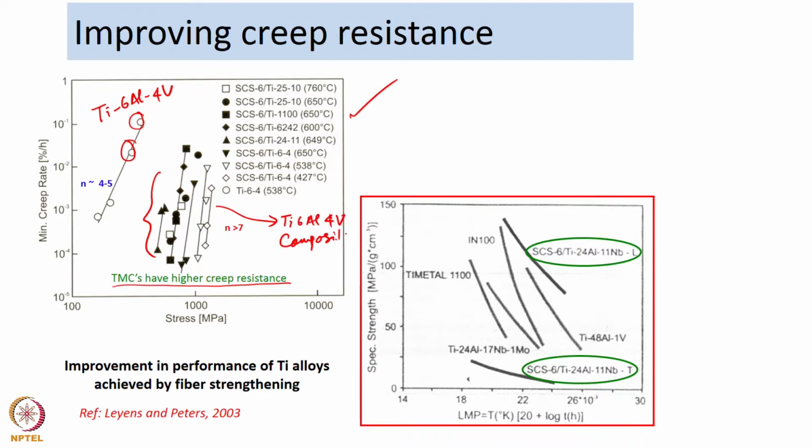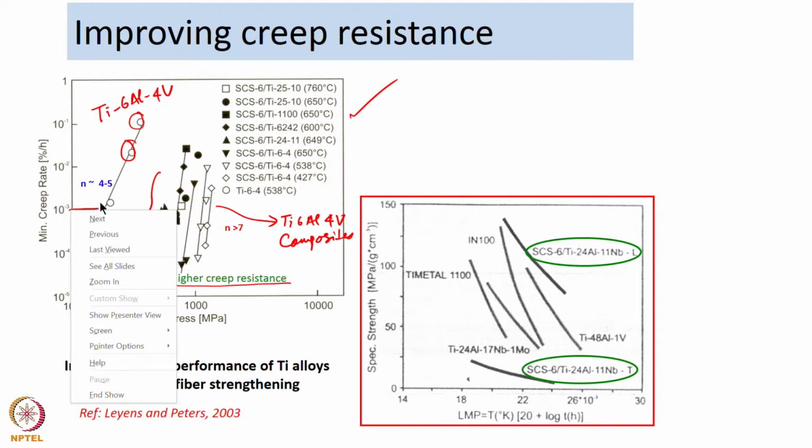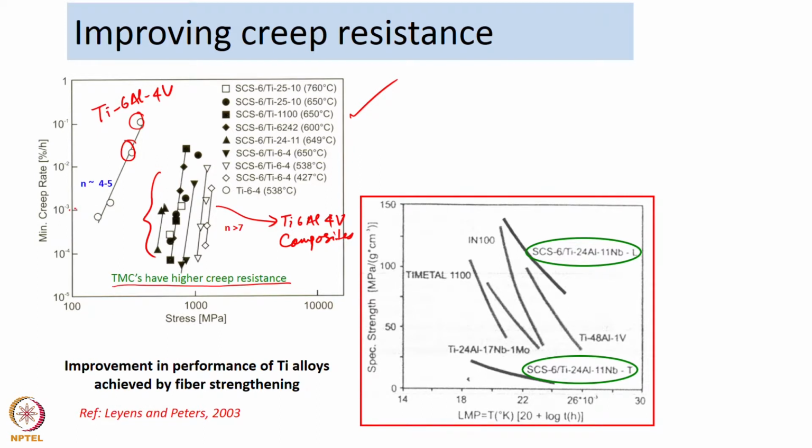So, if you look at the data, to achieve a certain creep strain rate, let us say 10 to the power minus 3, let us look at the stress levels required for Ti64 and Ti64 composites.